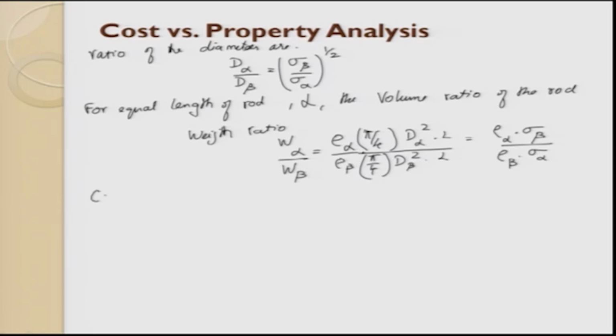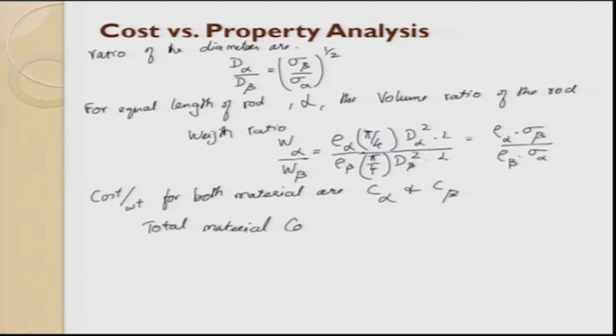Assuming the costs per unit weight for both materials are C alpha and C beta, the total material cost T alpha by T beta is C alpha W alpha by C beta W beta, which again you can convert into density.